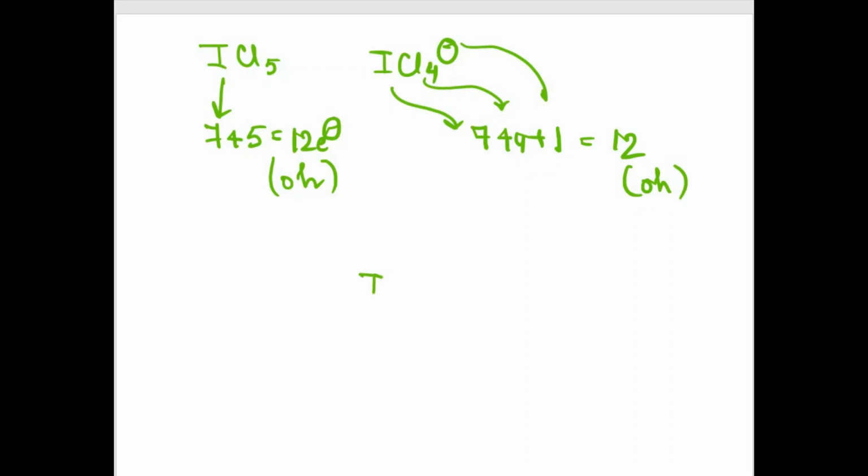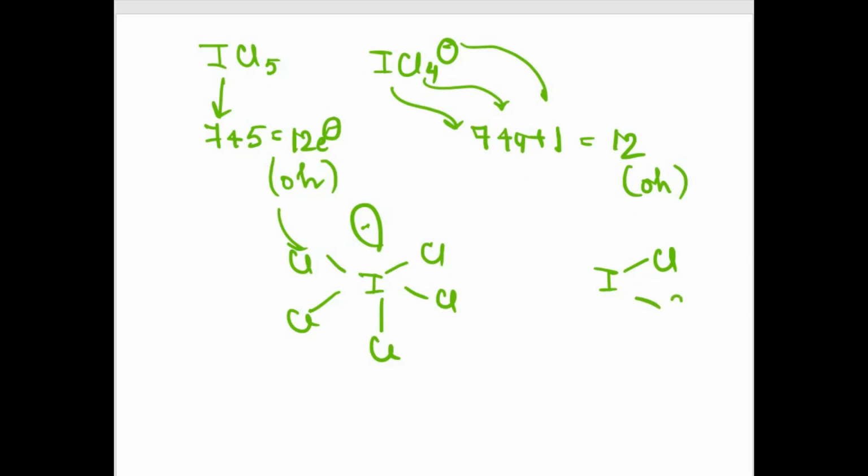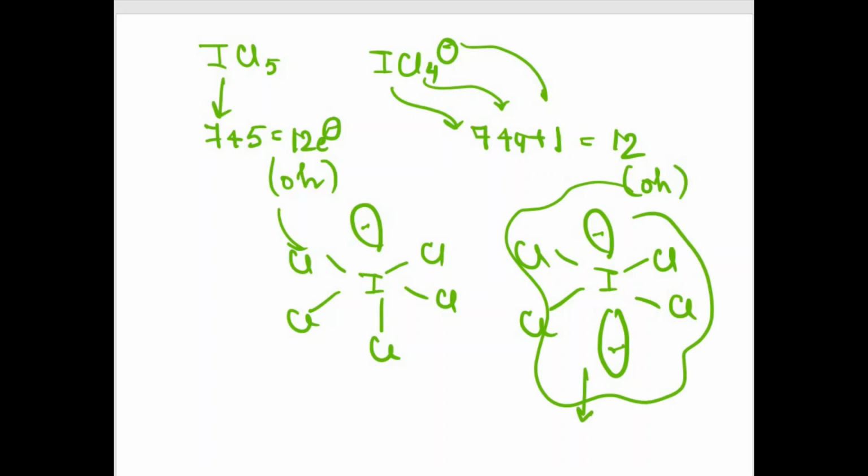So first let us try to draw for ICl5. Now in octahedral species, the lone pair is occupied in the axial position. We know that because of greater S character. And for this one, this should be something like this. Now the shape here is like a square pyramidal.